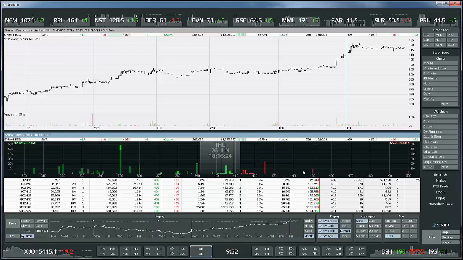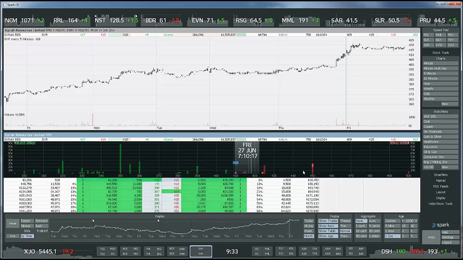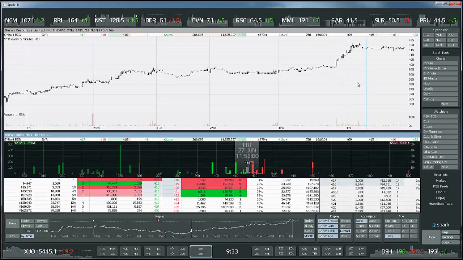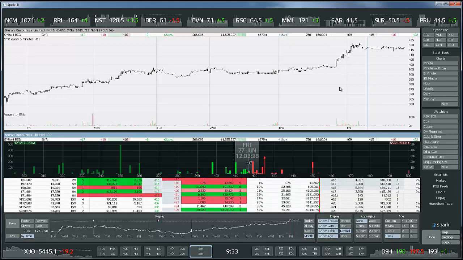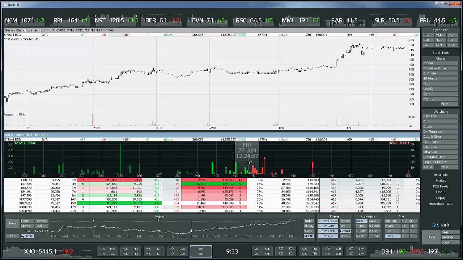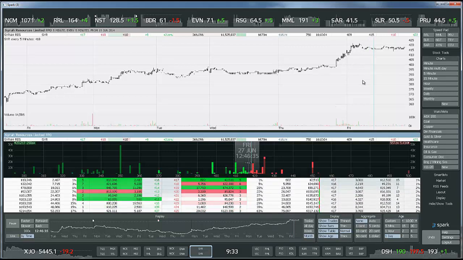But given there were a number of factors in play here, and technically it's quite a strong trade, this is perhaps a trade that you might consider trying to run for a couple of days. It touches above 420 the following day, up around these levels, so there was probably 4% in it for you if you held it through to the next morning. So almost a textbook trade setup there in SYR.